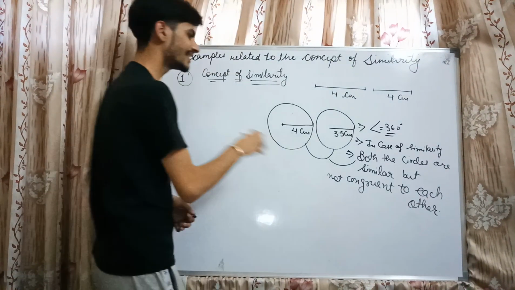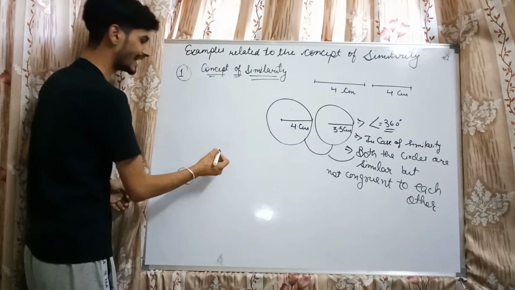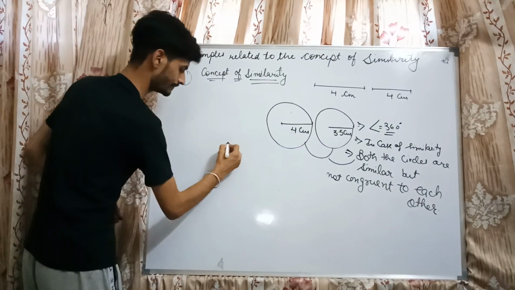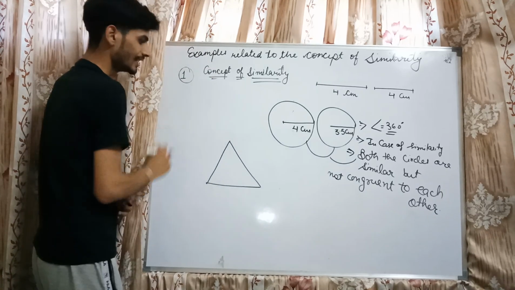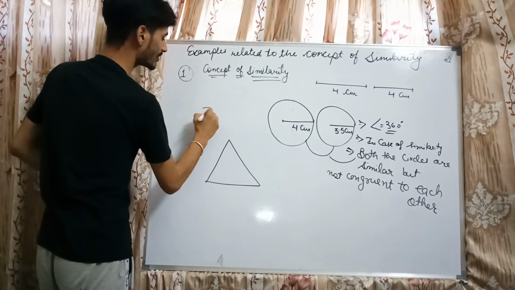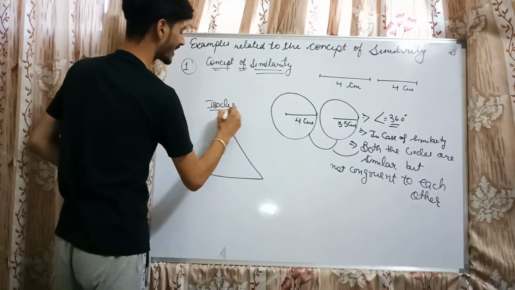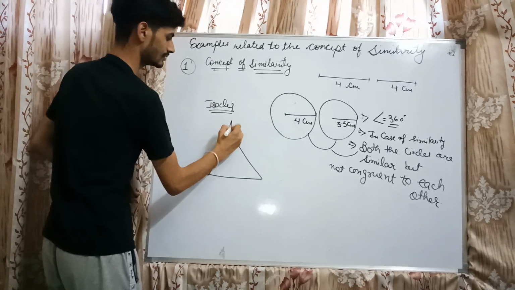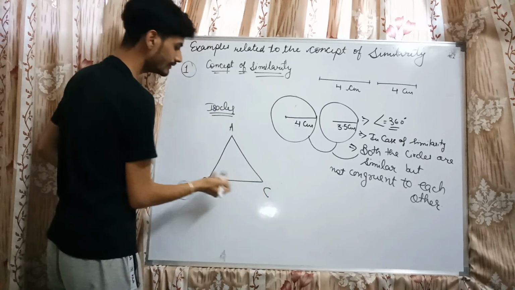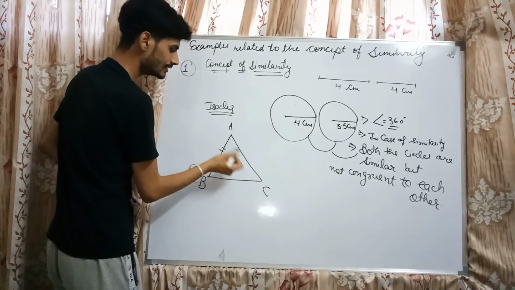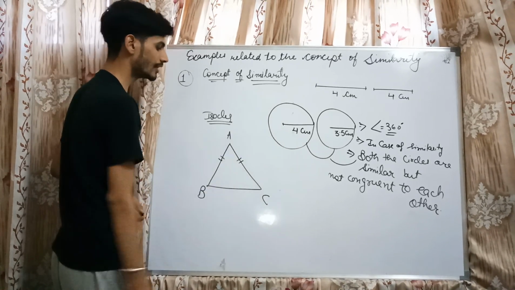So for the third case, if I take the example of a triangle, let us take the example of an isosceles triangle. This is an isosceles triangle, triangle ABC, in which one side is equal to another side of the triangle.